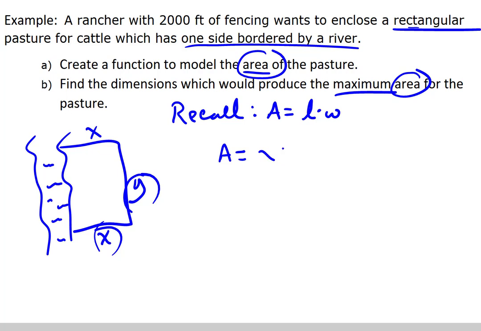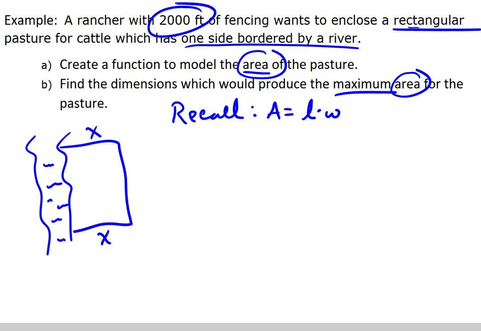So instead of calling that vertical side y, instead we're going to use what we know in the problem already, which is that the rancher has 2,000 feet of fencing available.